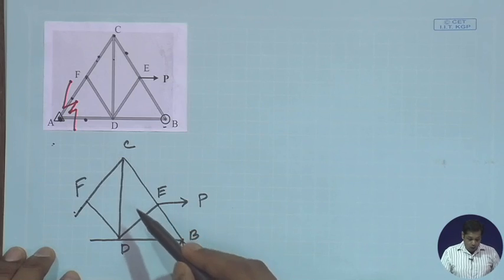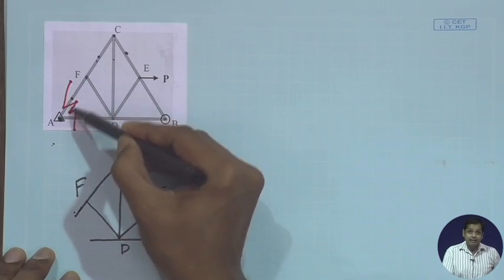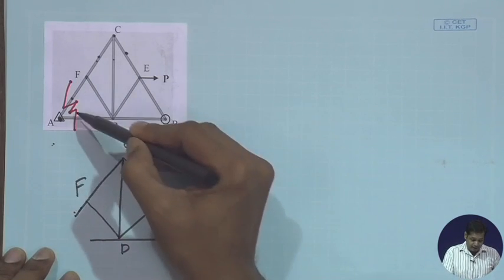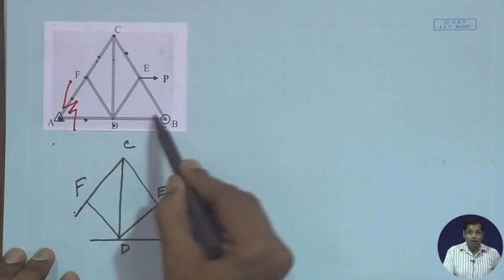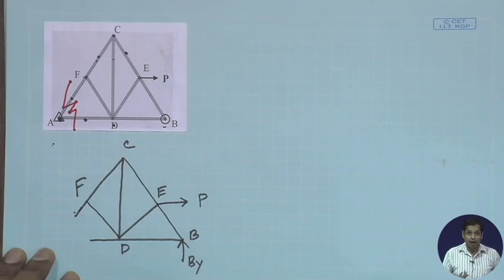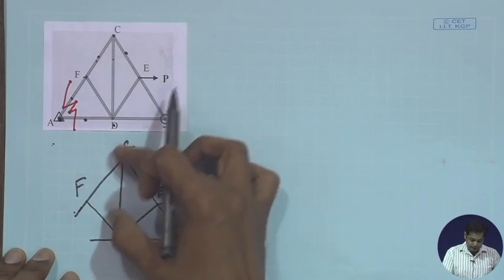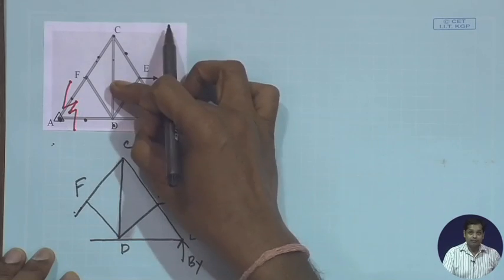now this break line only breaks member AF and member AD, all other members remain unaffected, right. So this is this part of the structure, okay.